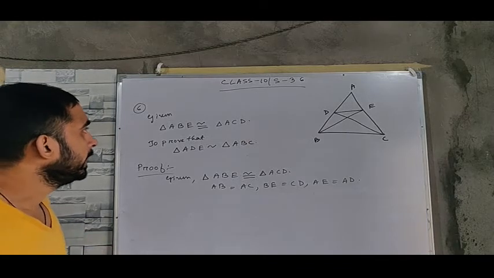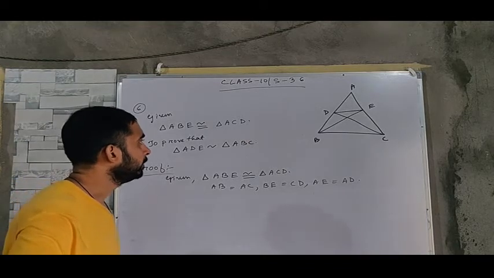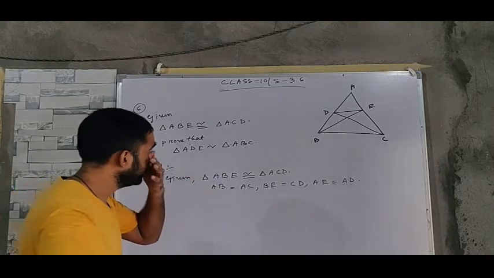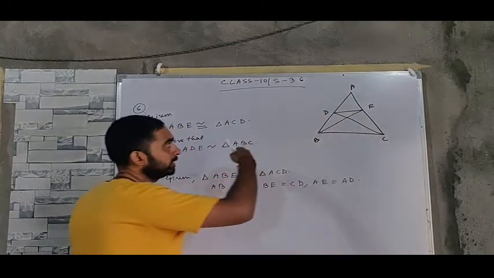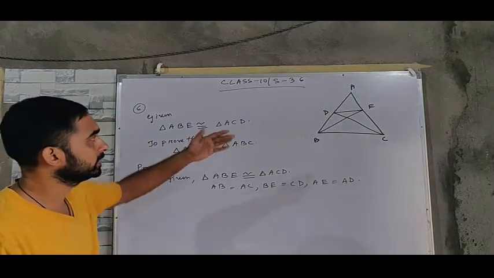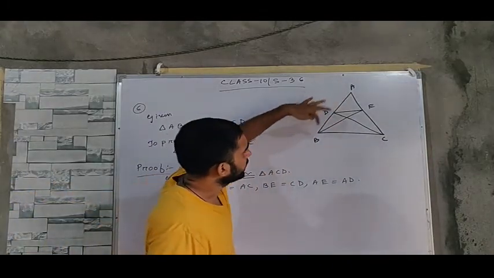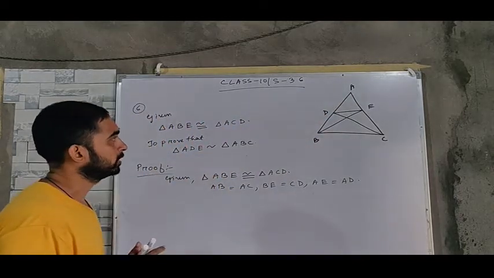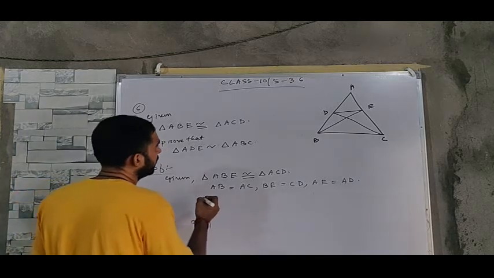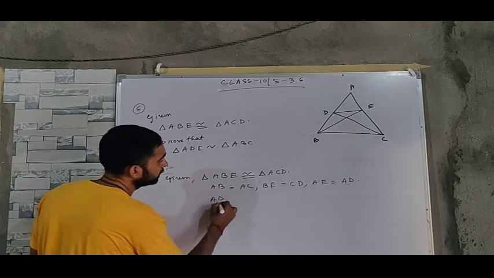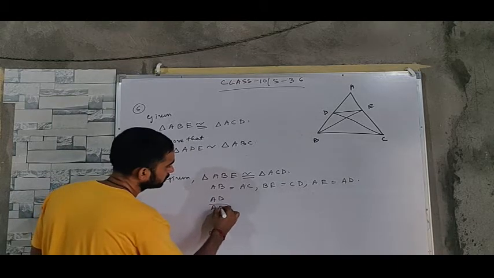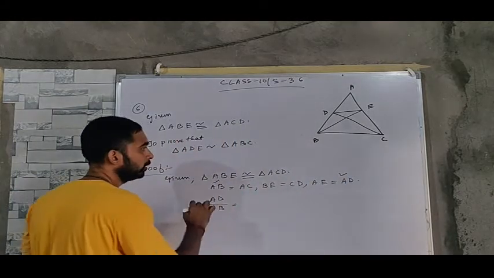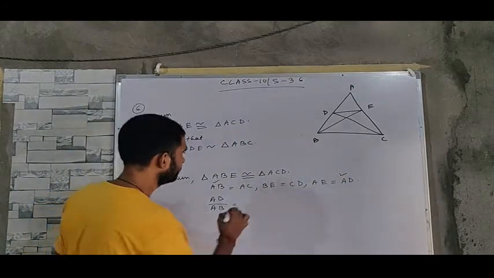ADE and ABC. See, in triangle ADE and triangle ABC, AD and AB are the sides on the same side of the larger triangle. So AD by AB equal to what? AE by AC.